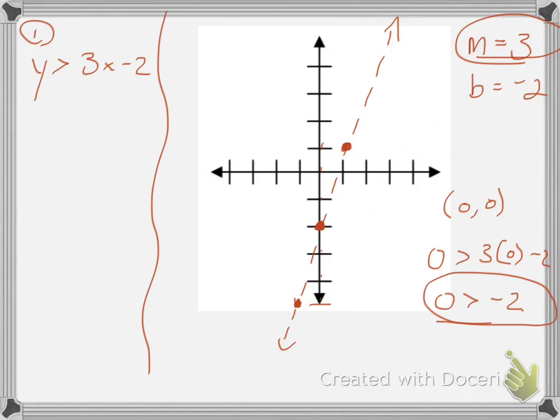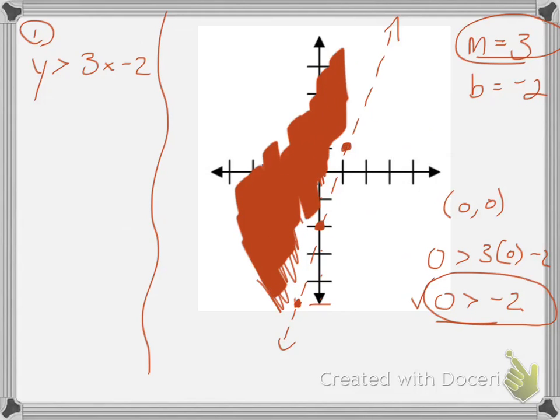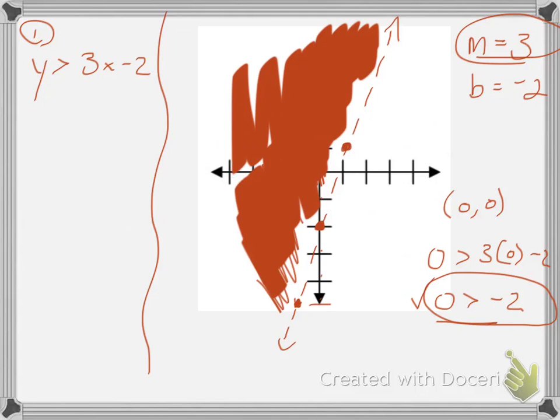So if this is a true statement, then I shade the half that the point 0, 0 is on. If it's not a true statement, then I would shade the other half. 0 is greater than negative 2 because it's a negative number. So that means I'm going to shade this part of the graph that point 0, 0 is on.